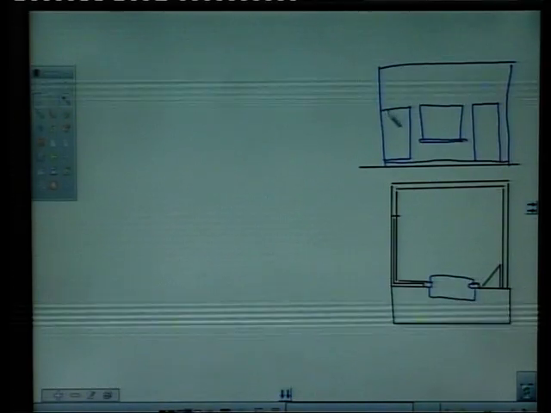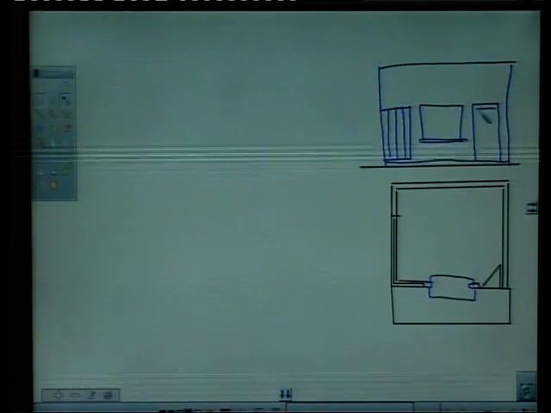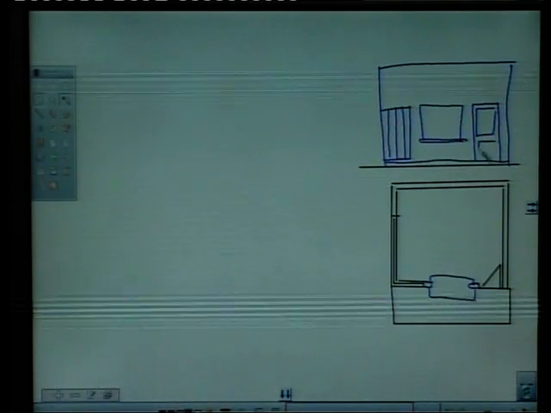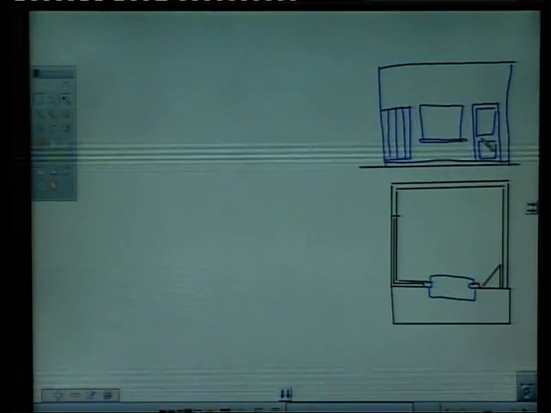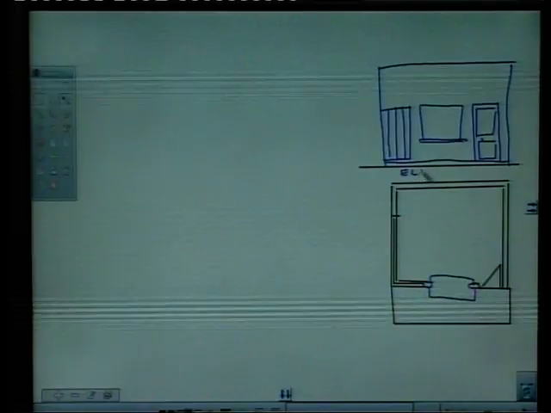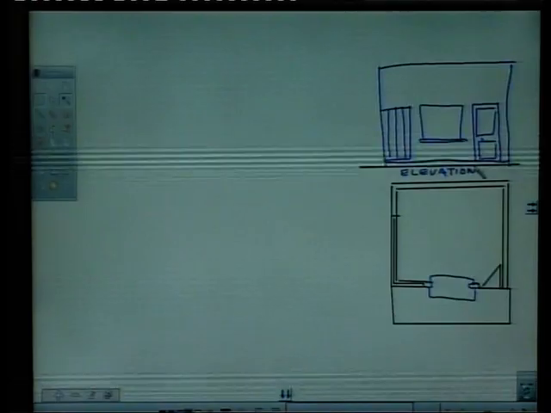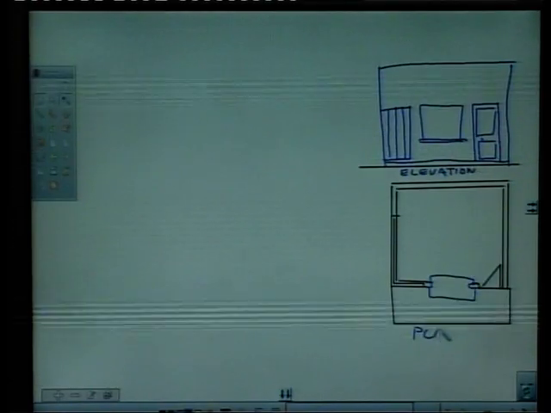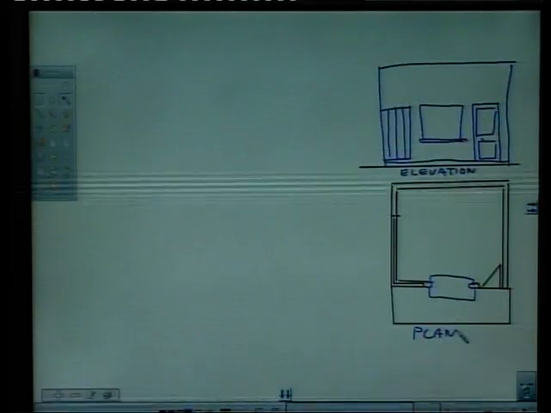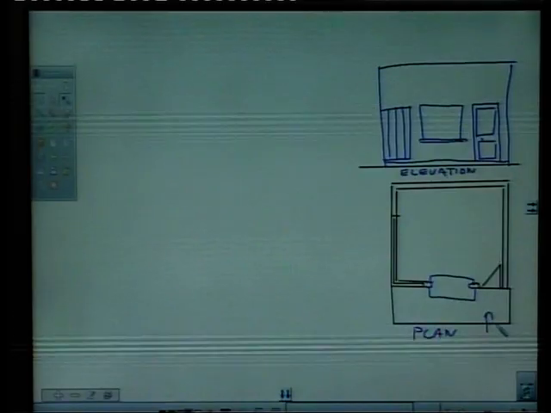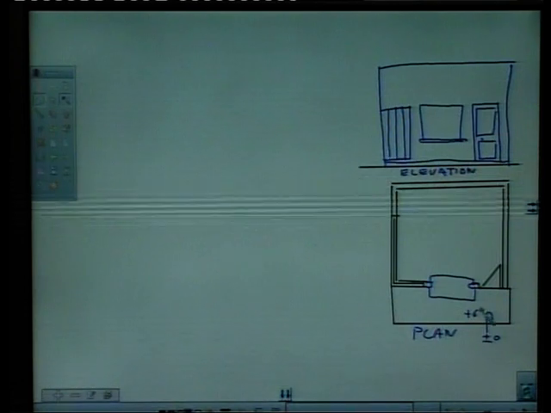Say this is a window, this is a door, and this is a counter. So this is the front elevation of a security post, and this is the plan of the security post. Say this is plus minus 0 and this is plus 6 inches.